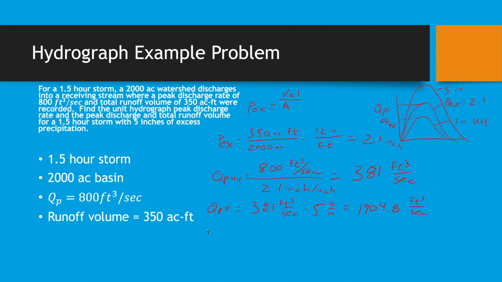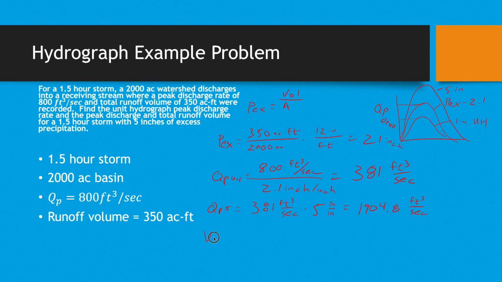And our volume, there's a couple of different ways we can find our volume. Mathematically, you're really kind of doing the same thing, but I like to do it basically the same way we found the precipitation for our original hydrograph to begin with.